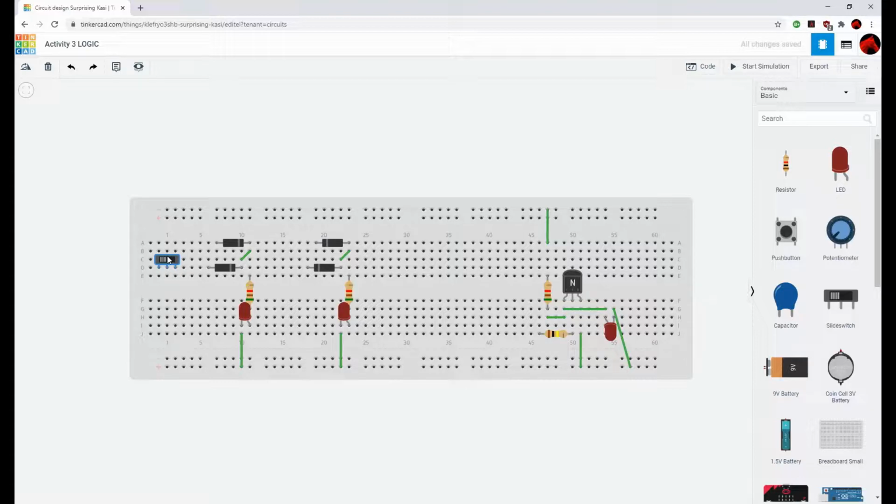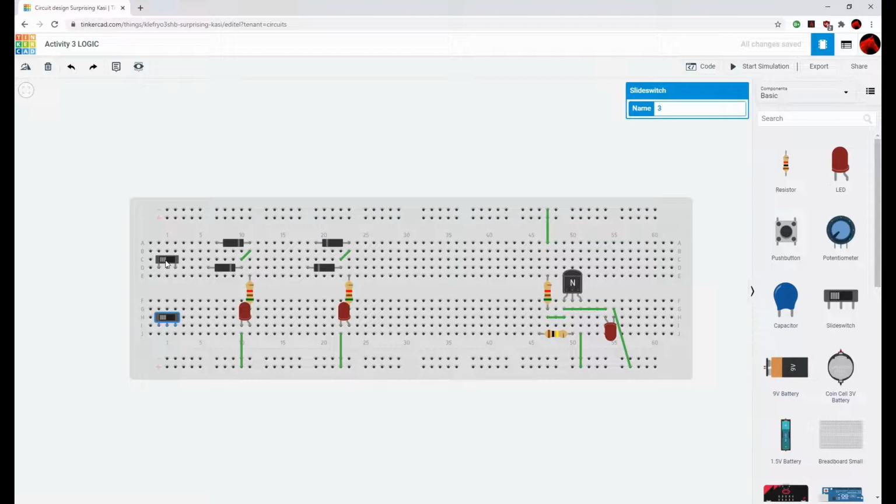Okay. So, let's try these slide switches. I'm just going to leave that there, and bring that down there.